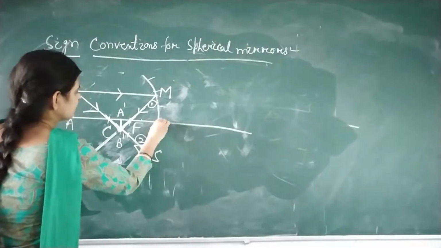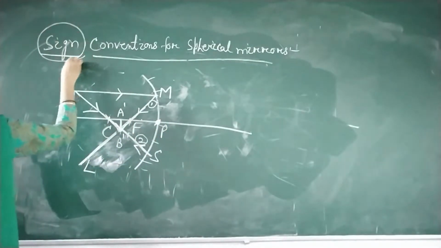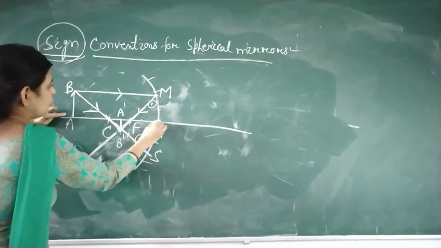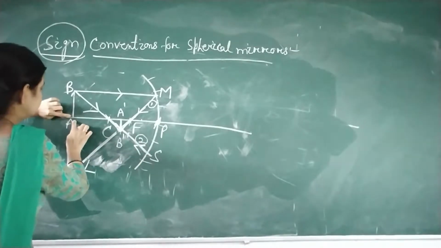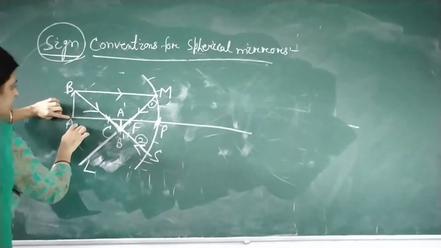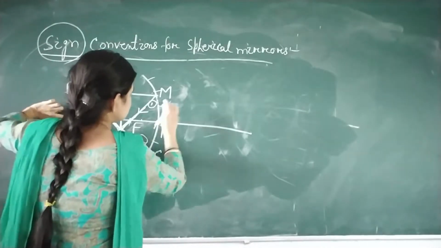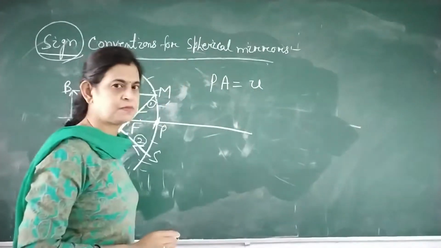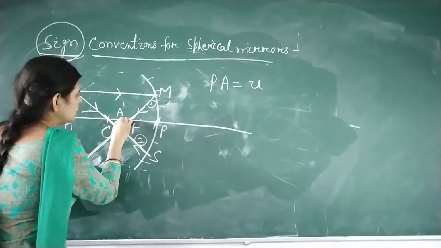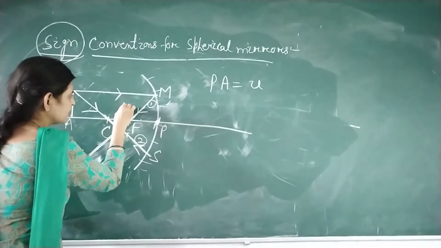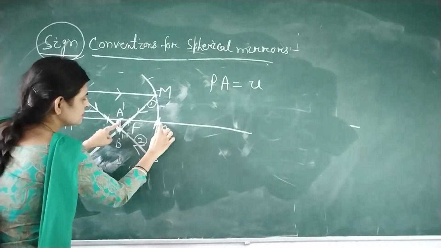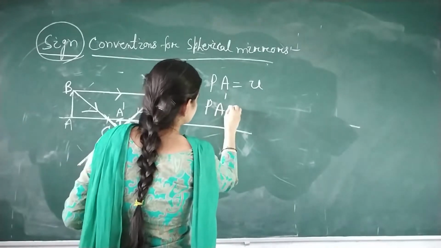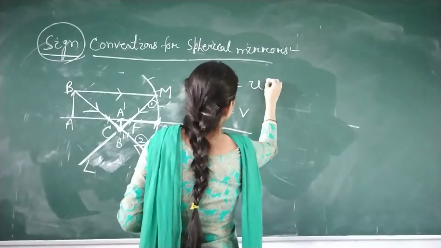Now we have to discuss the sign convention. Sign convention means object distance. PA is the object distance, which is denoted by the symbol u. Image will be formed at the point A dash, so the image distance is PA dash, which is denoted by v.